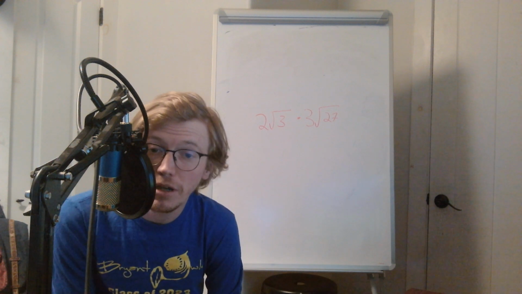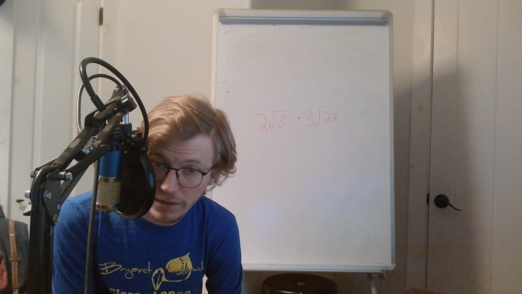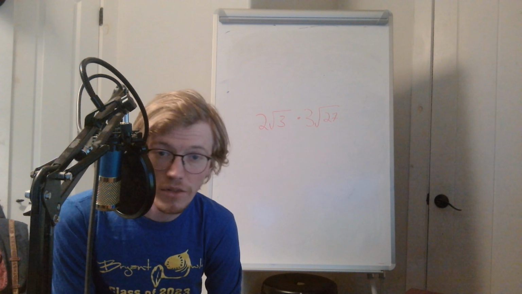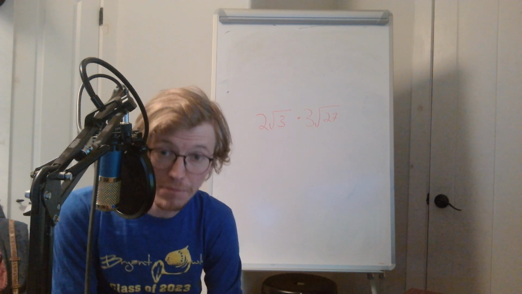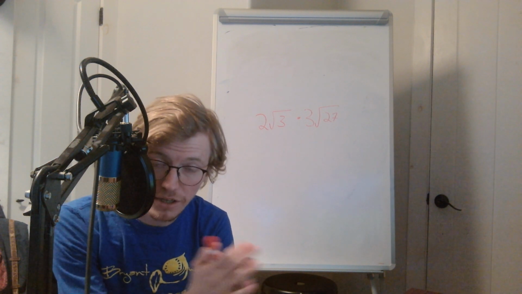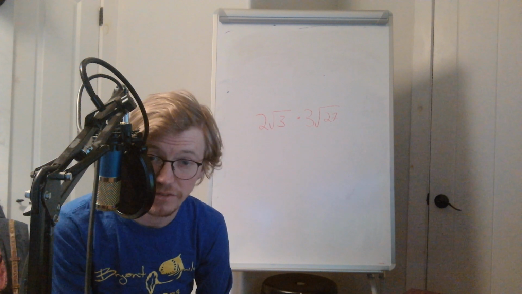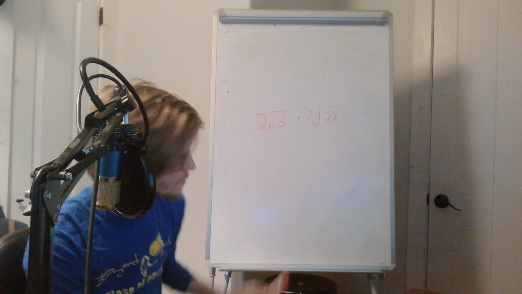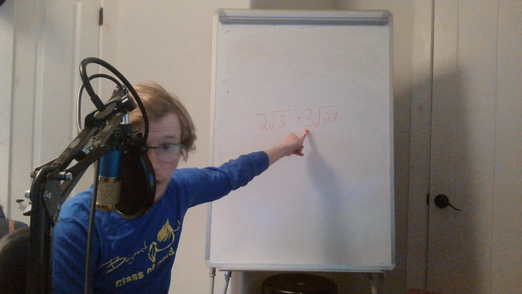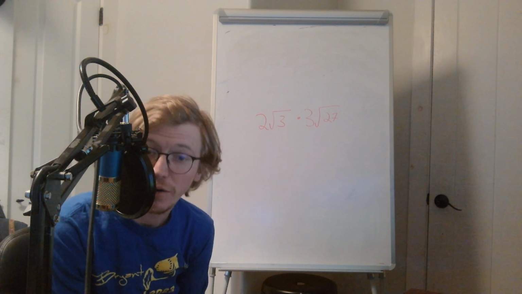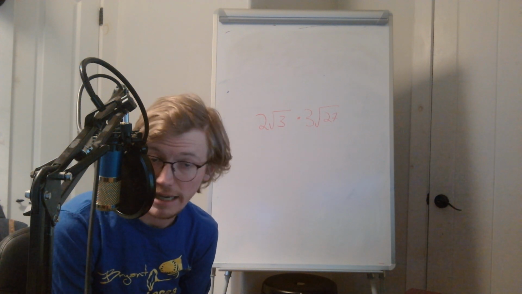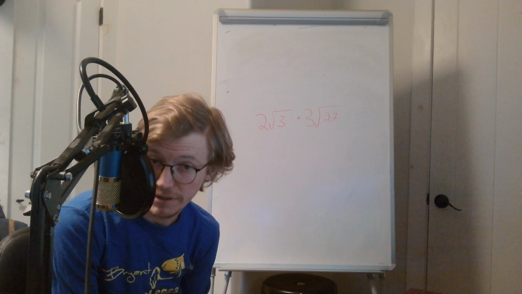Now the good news about multiplying radical expressions is that you simply multiply the corresponding parts together and then simplify from there. So for example, we've got a 2 and a 3 on the outside of the radical sign. Those numbers can be multiplied together.